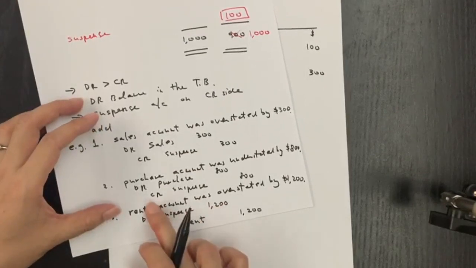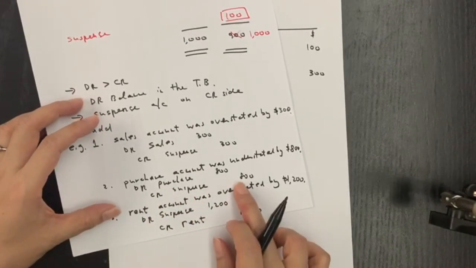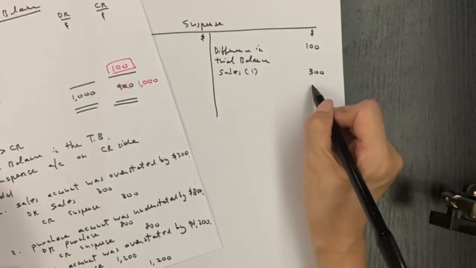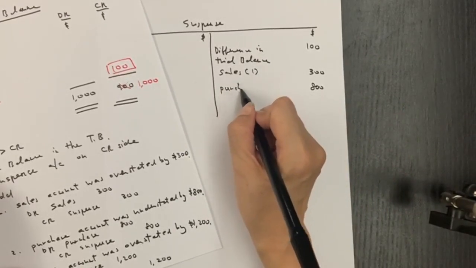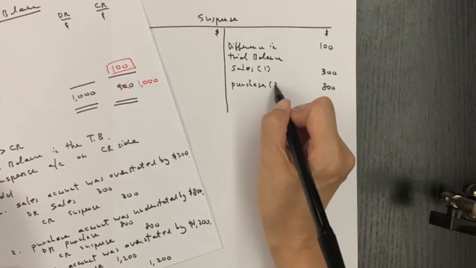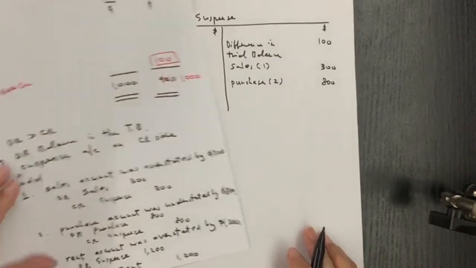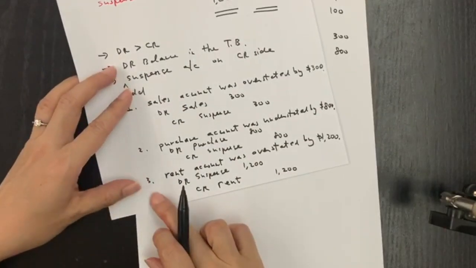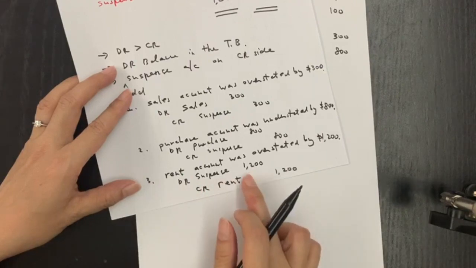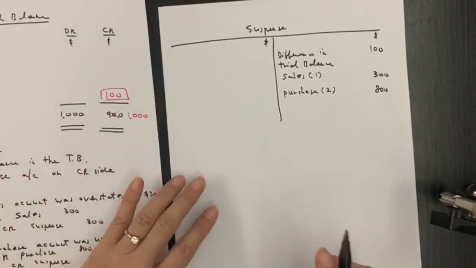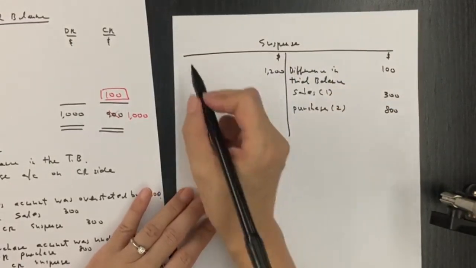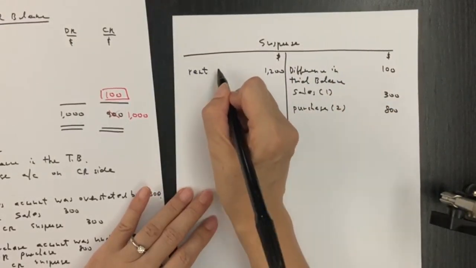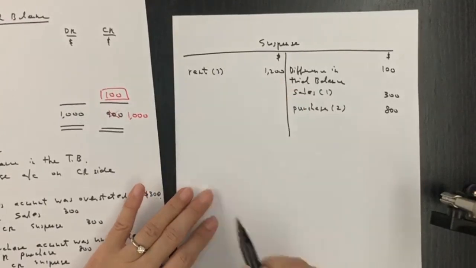Okay, and for number 2, I credit suspense account by 800, so this is credit side 800, because of purchase, and this is related to number 2. Okay, and for number 3, I debit suspense account 1,200, so here is my debit side 1,200. The reason is because of rent, and this is related to number 3.